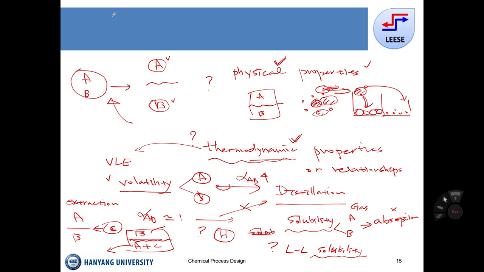The other thing that should be remembered is that separation in a chemical process is not a binary situation. It's multi-component separation. For example, you're not going to have just the separation of A and B. You probably have A, B, C, D, E. Then you have to separate A and B and C, maybe D, E together.